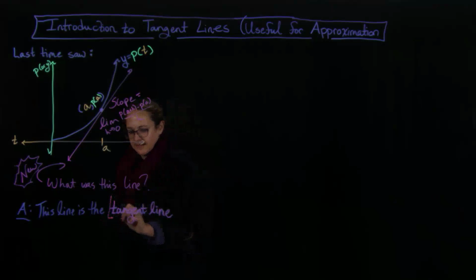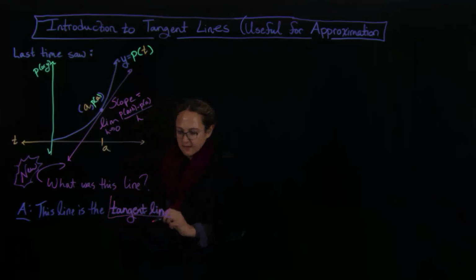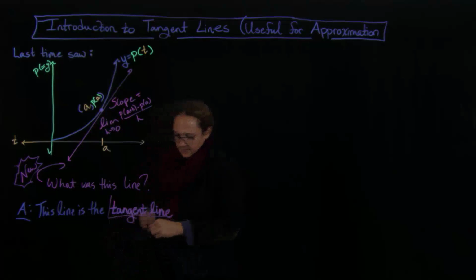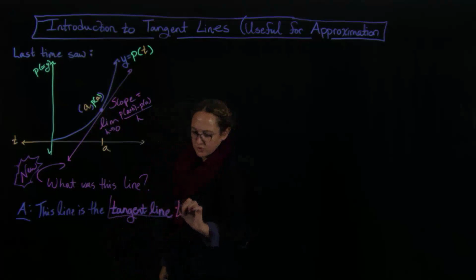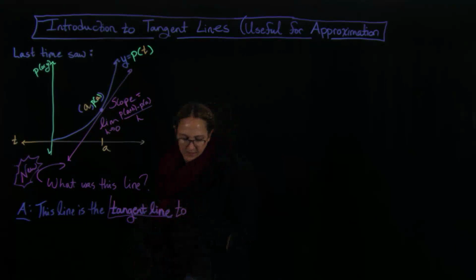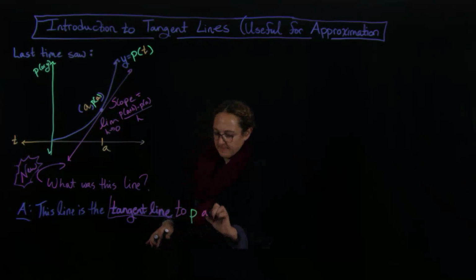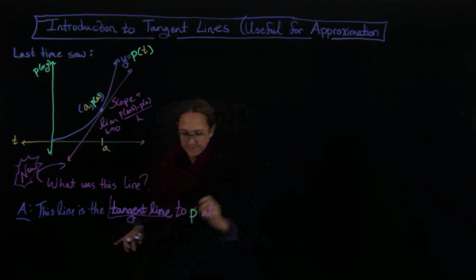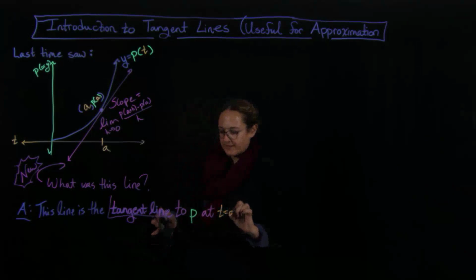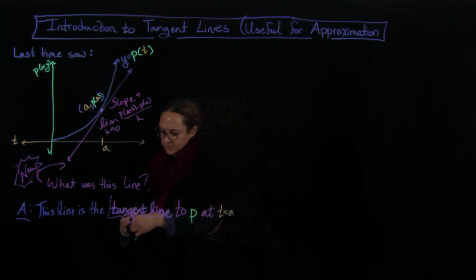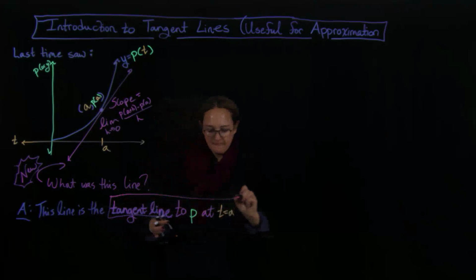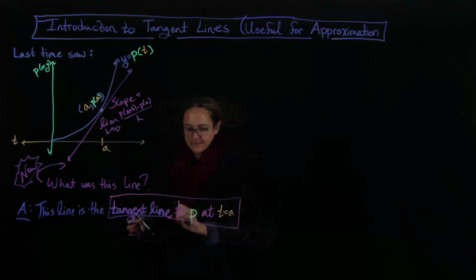So this is the tangent line to p at t equals a. Let's put a nice box around this so that we can then talk about what this is.